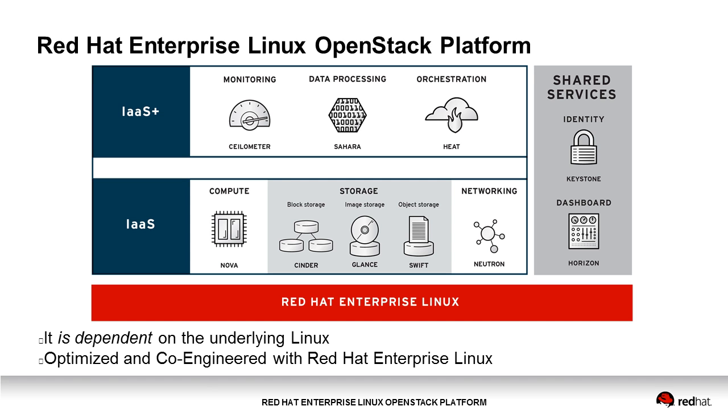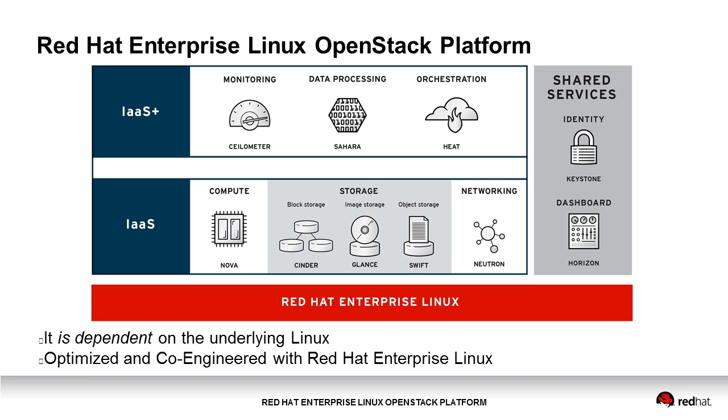So, as you can see here, the Red Hat Enterprise Linux OpenStack Platform is our OpenStack offering, composed as OpenStack is of many unique individual projects or technologies that are unified under the umbrella of OpenStack. You've got the basic necessary technology pieces: the compute, the storage, Glance, Swift, and Cinder, and the networking with Neutron.